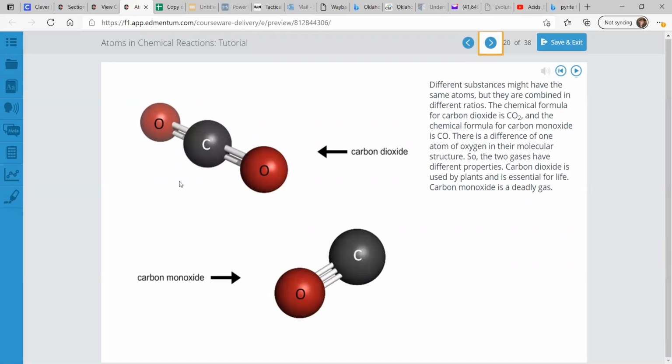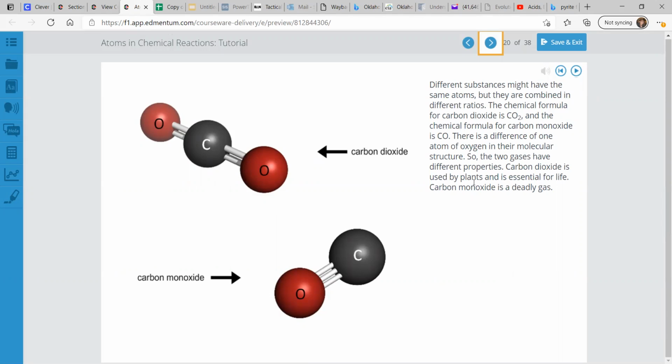Here's carbon dioxide. Here's carbon monoxide. Mono means one. Di means two. Different substances might have the same atoms, but they are combined in different ratios. The chemical formula for carbon dioxide is CO2.